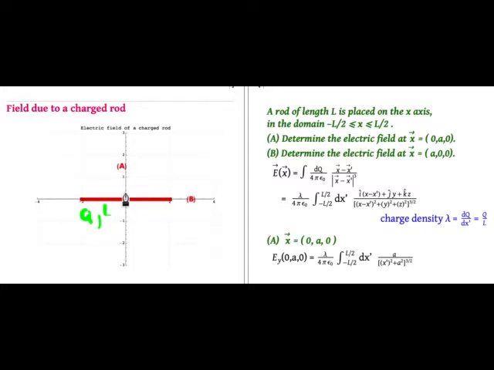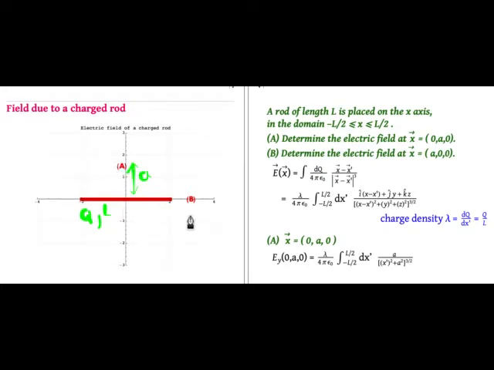So A is displaced from the center of the rod by some perpendicular distance. So let's call this perpendicular distance here A. So that's the position of A. It's the position you reach by starting at the center of the rod, moving away in the perpendicular direction by a distance A. So that'll be one part of the problem.